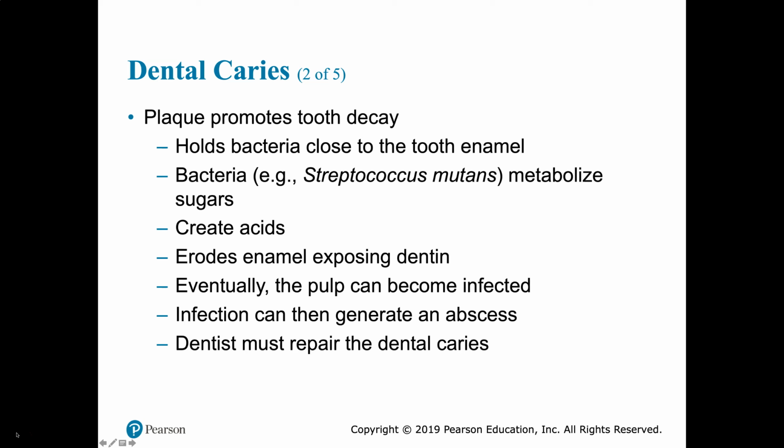Dental caries are cavities, whatever you want to call them. They start out being caused by strep mutans, but about halfway through the process, it switches to a different bacteria, a lactobacilli species, that takes over and starts to cause really deep cavities.